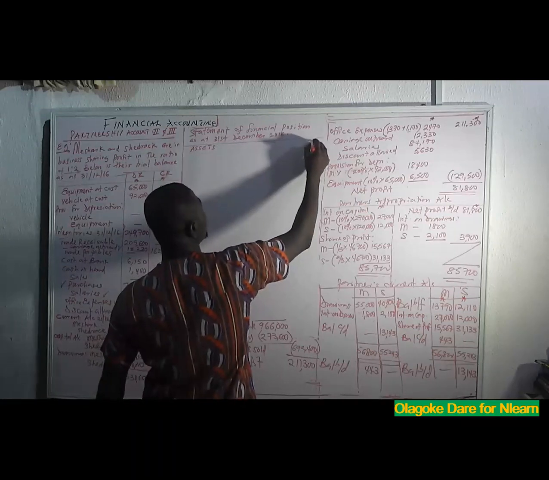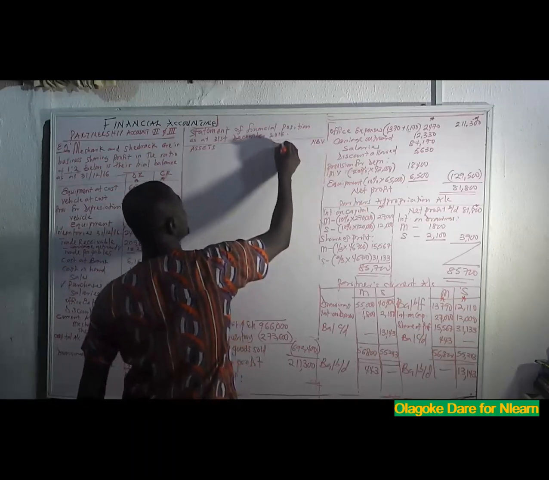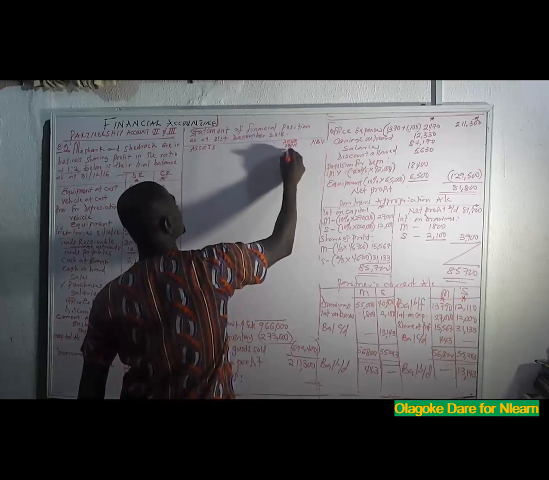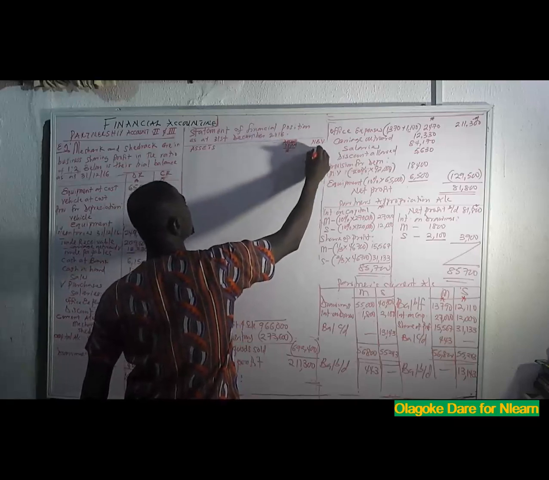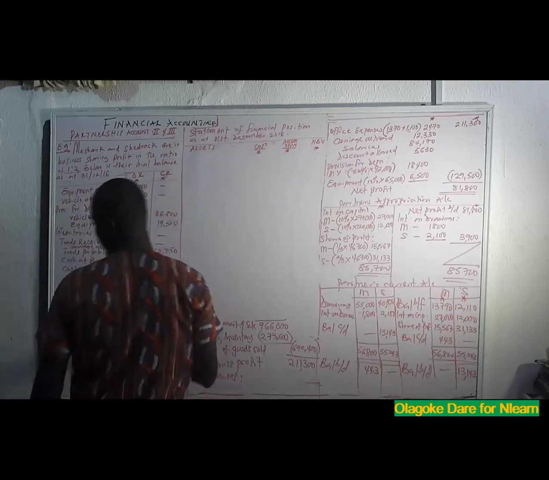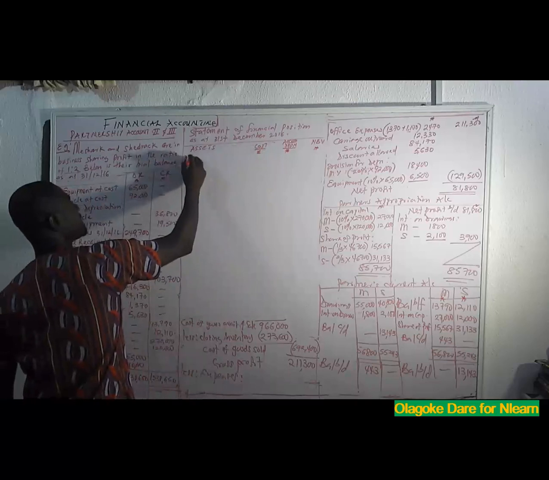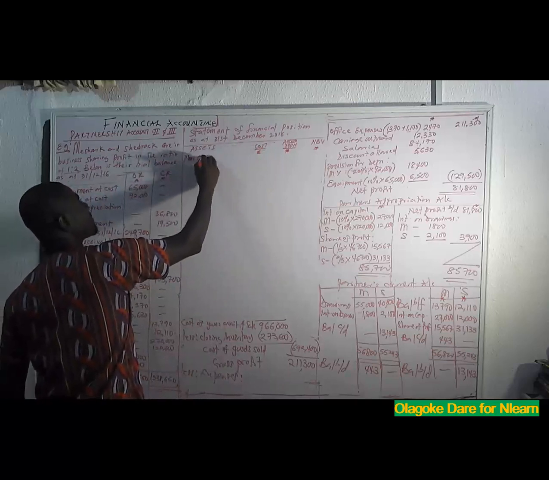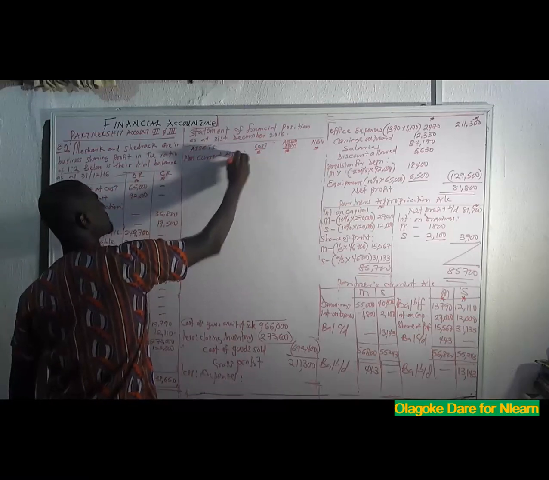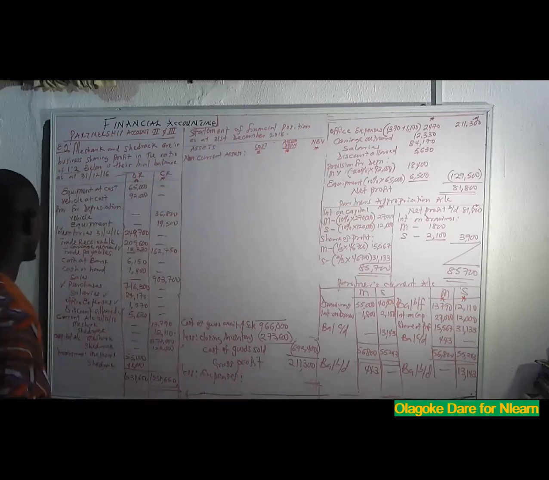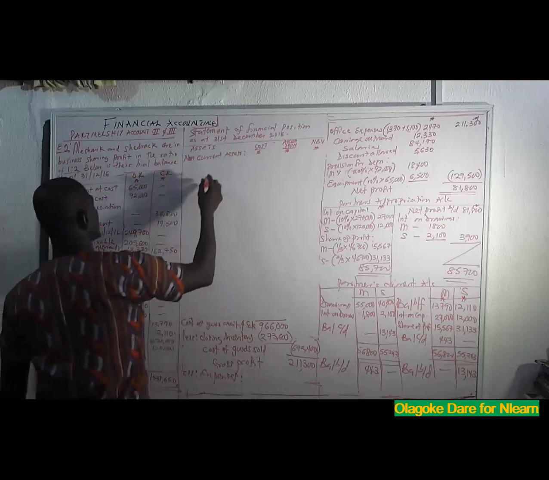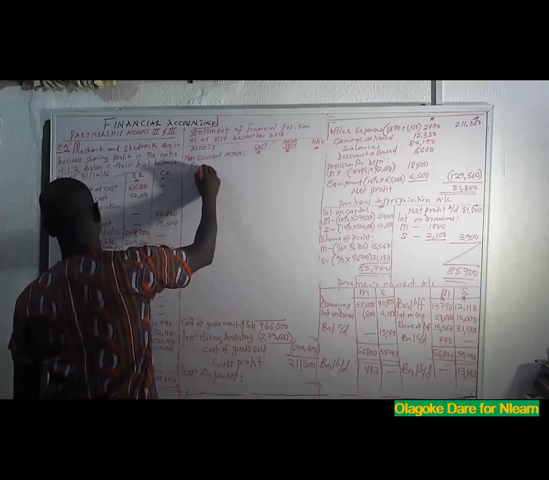I have my net book value, my accumulated depreciation, and my costs. The first thing I have is my non-current assets. The first is equipment.